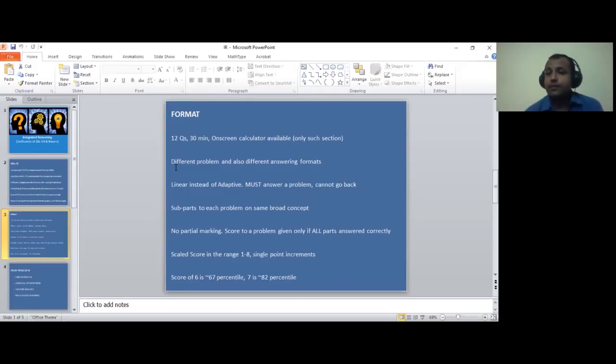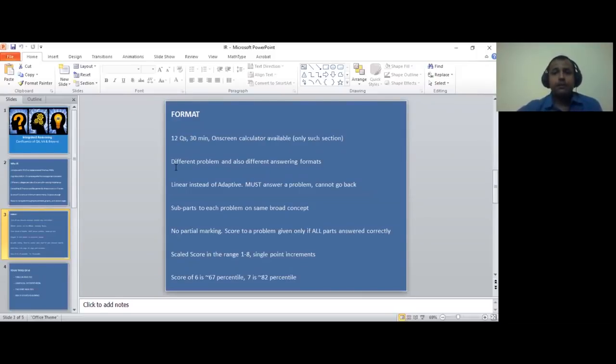Linear instead of adaptive. This is something where you can understand what GMAC is trying to do. It is trying to give you the same problem sets, so that you are tested on similar problem types. Nevertheless, just like the other QA and VA sections, you must answer a problem and you cannot go back.